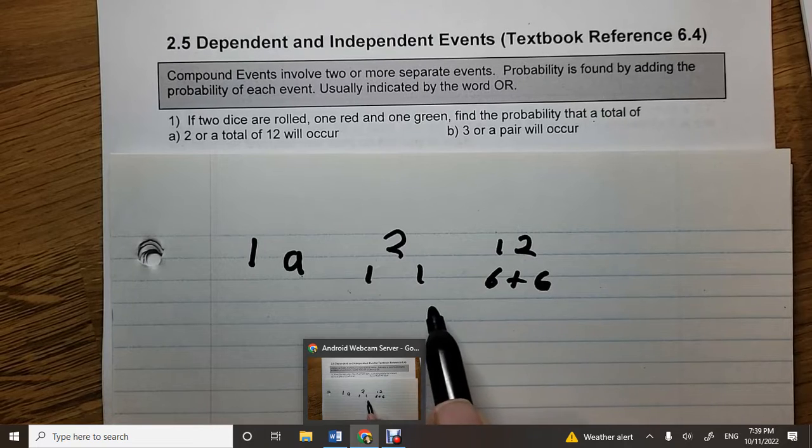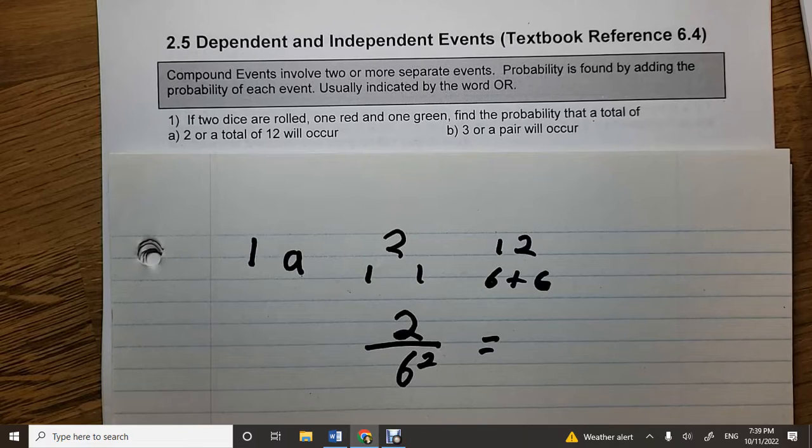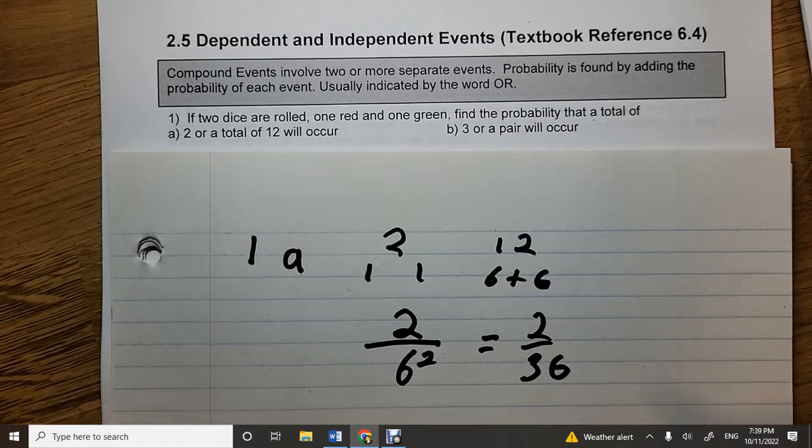So we've got two probabilities there. For 1A, the top is 2, and the bottom is 6 squared, because it's 6 times 6, so 2 over 36.